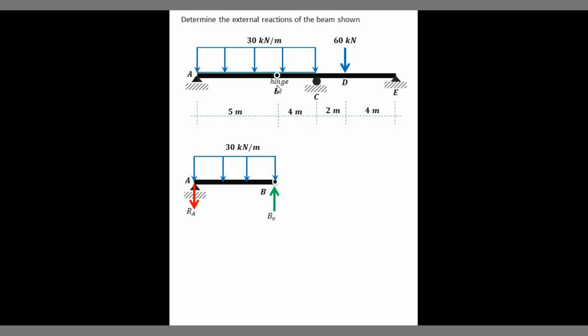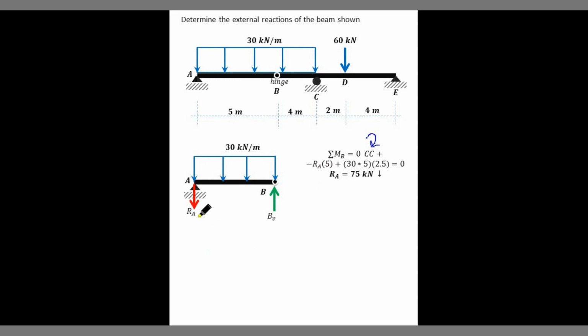I also removed the moment because, if you check, the moment will be zero too. So only BV has a value. Now, if I take summation of moments about B, wherein clockwise is positive, can you double check that? This should be clockwise. Since RA, when taking moment about B, is counterclockwise, that is negative.